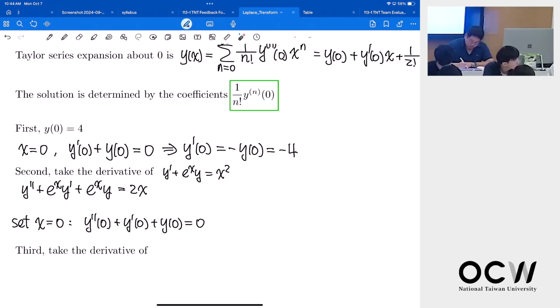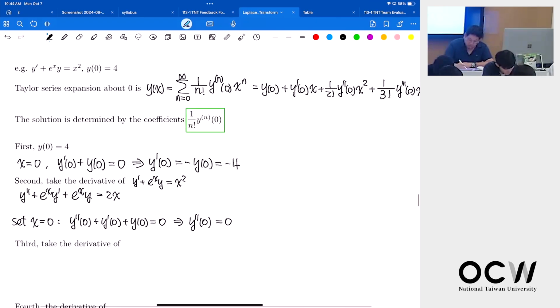So y of 0 is 4, y prime of 0 is -4. Then y double prime of 0 plus this term is -4, and this term is 4, and the right side is 0.